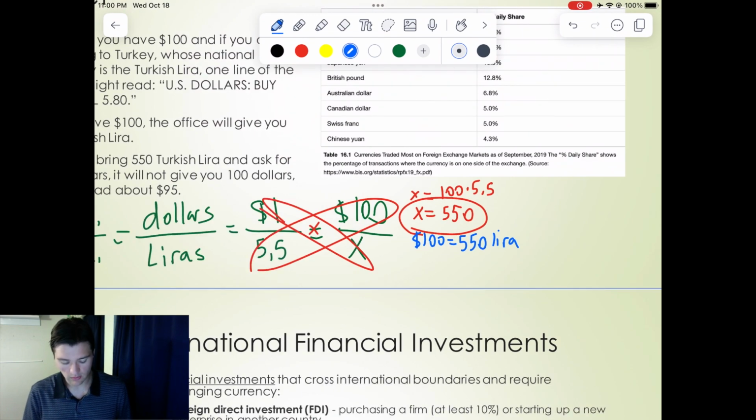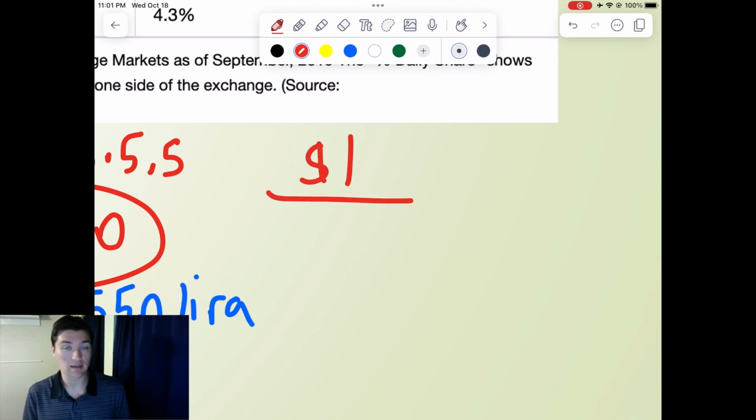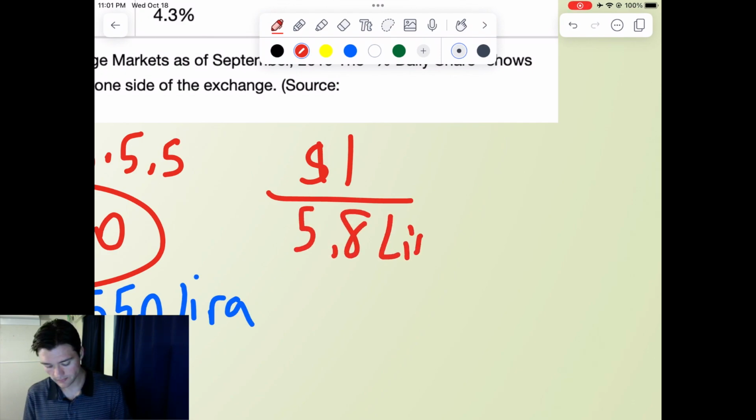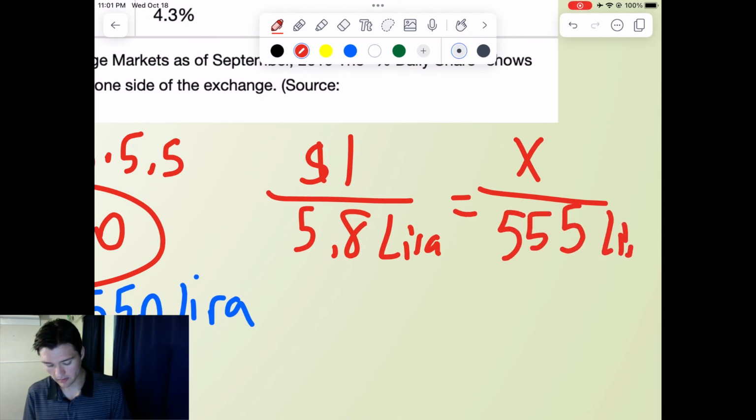Right? So now if I were to sell it back to them, I have 550 lira. Okay, so now if I want to get my US dollars back, the exchange rate has changed. So now for 1 US dollar, I can sell it back for 5.8 lira. So if I didn't know how many dollars I get back, but I do know I have 550 lira, I can do the butterfly method.